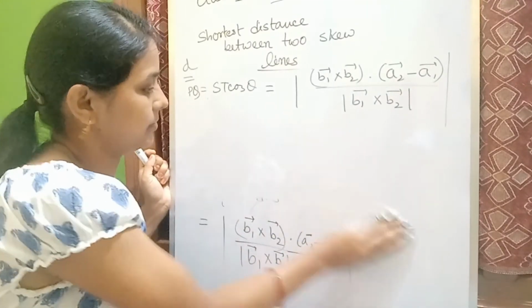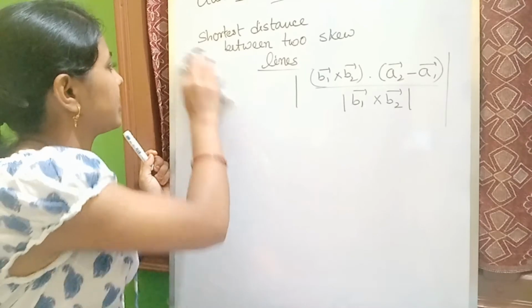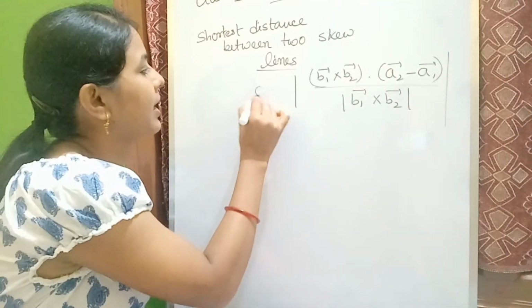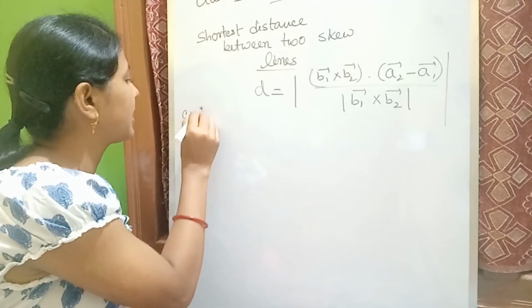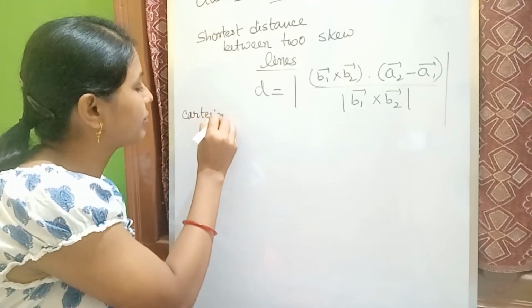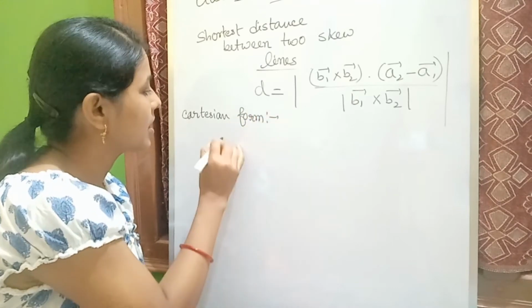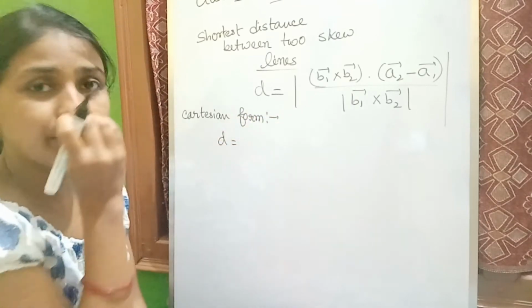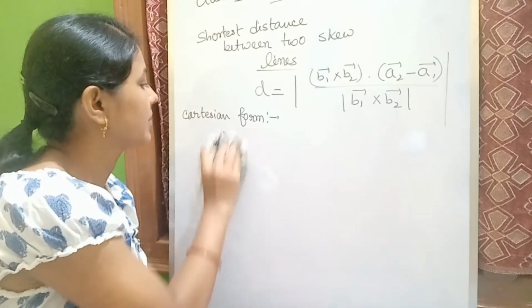Now, the Cartesian form of shortest distance. This is the vector form of shortest distance. Now we will find the Cartesian form. So in Cartesian, what will D be?